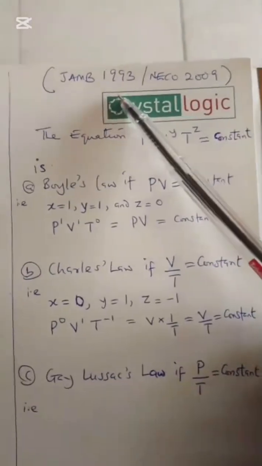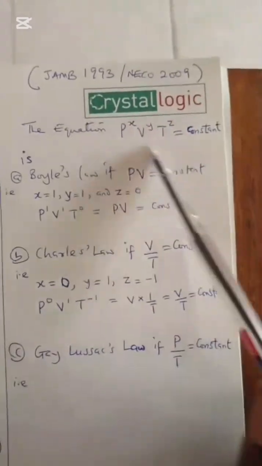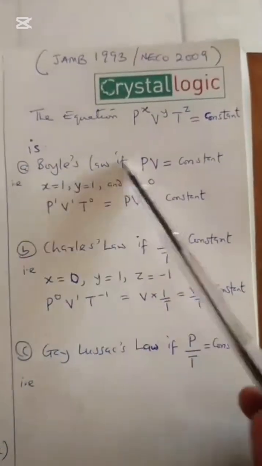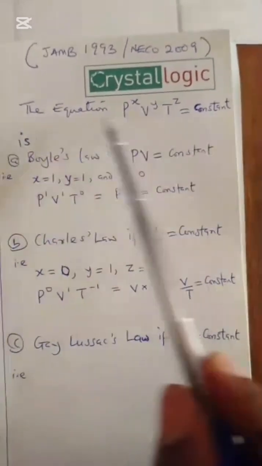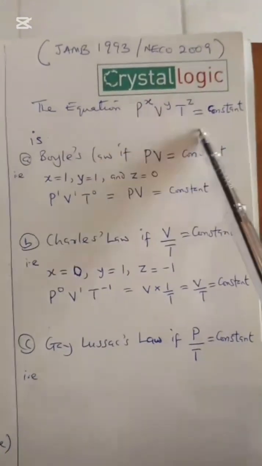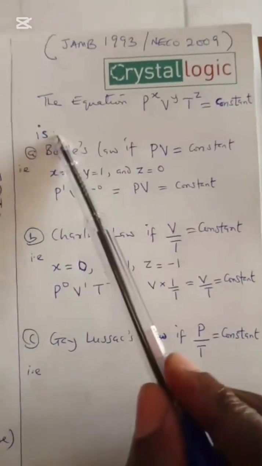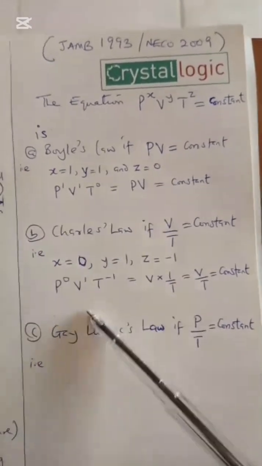Now, in the exams of JAMB 1993 and NECO 2009, a question like this came out. The solution is as follows. The equation P power X, V power Y, T power Z equals constant is, okay, so I have 3 different answers.